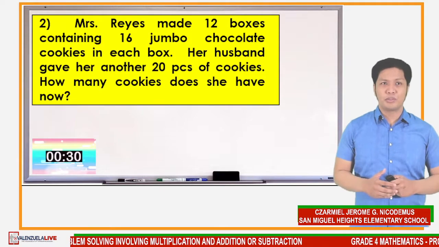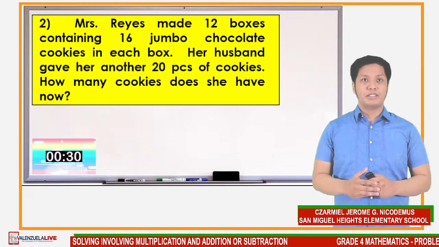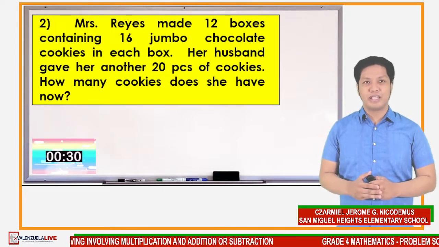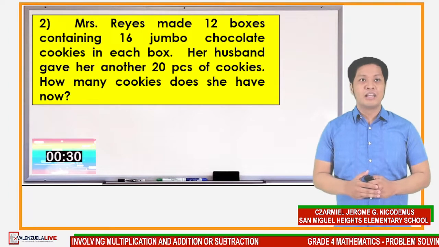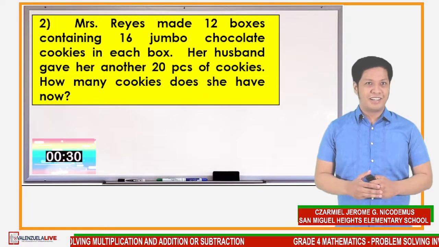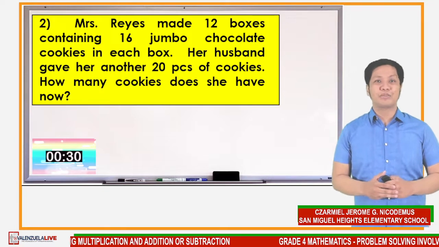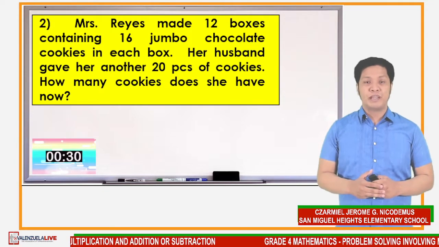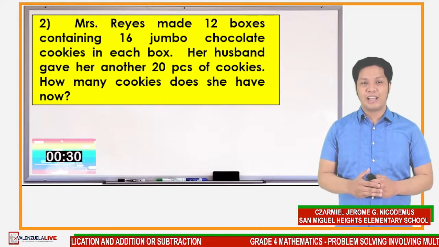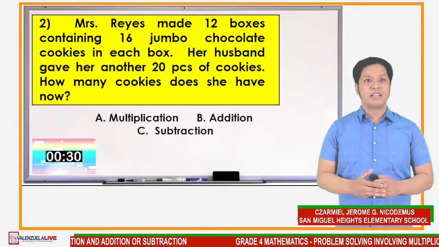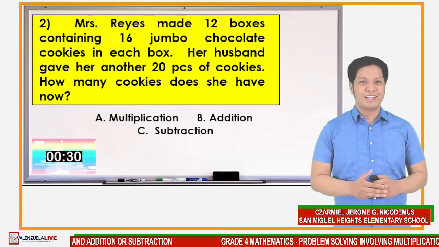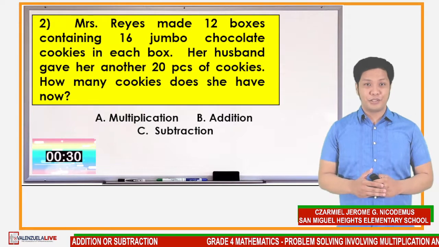So problem number 2 for this activity. Mrs. Reyes made 12 boxes containing 16 jumbo chocolate cookies in each box. Her husband gave her another 20 pieces of cookies. How many cookies does she have now? Letter A, multiplication. Letter B, addition.